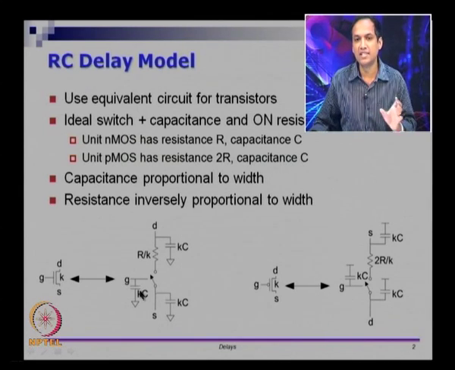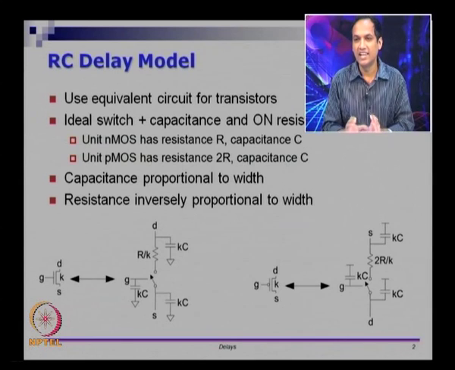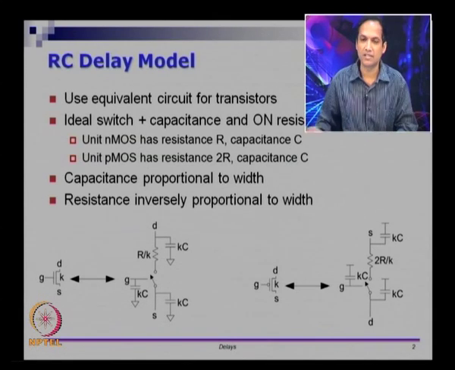I will analyze the delay only in terms of all these capacitances and resistances outside. Otherwise we need to deal with the actual device every time. So instead I will assume that there is an ideal switch which has 0 delay, but all the delay in the transistor is actually exposed to us as though it is because of resistances and capacitances.